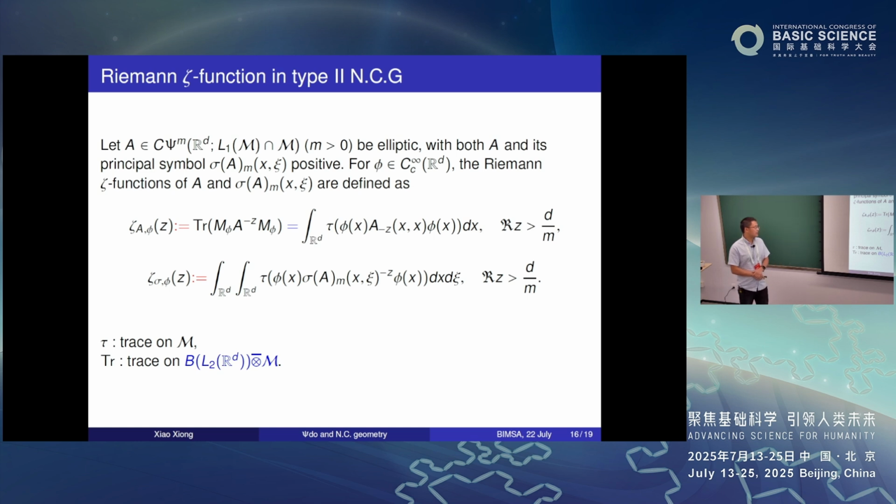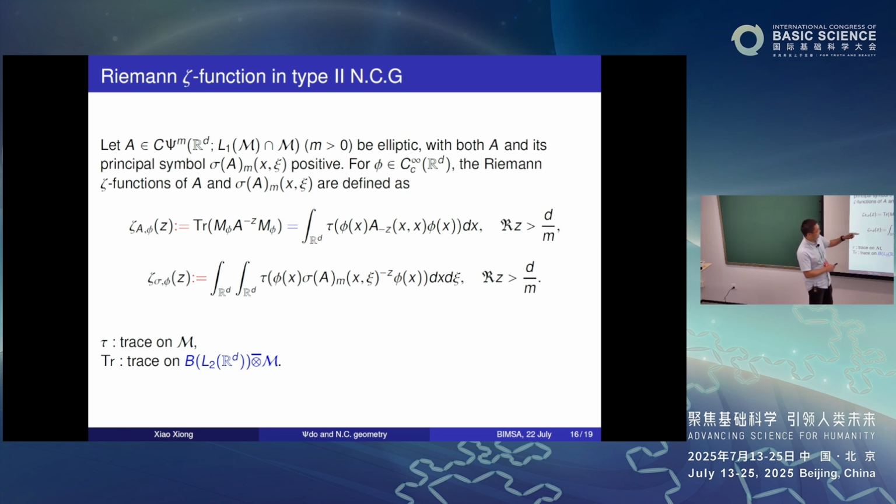Okay, so in order to give our final result, we need these two definitions. The first one is the Riemann zeta function of an operator, or a pseudo-differential operator. So it is done in this way.